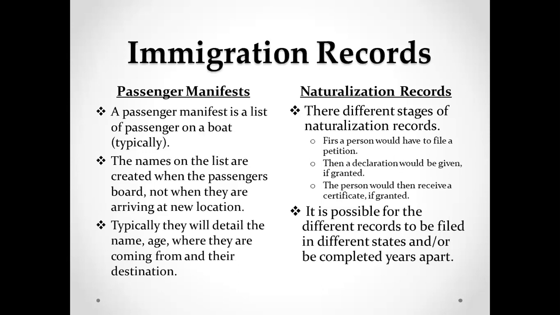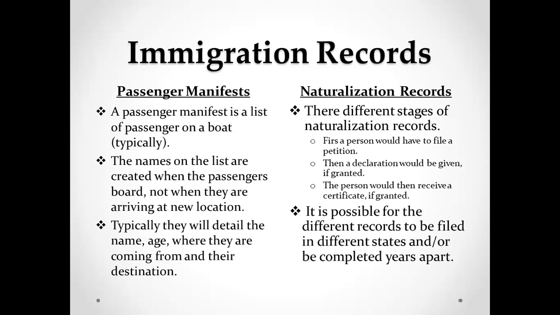Immigration records. Some people might think that, once you get far enough back in your tree, you'll start finding passenger manifests and naturalization records. And that's actually not as true, because if you are finding your family in America back to the early 1800s and even further, then the possibility of finding those, quote, immigration records is going to get slimmer and slimmer.